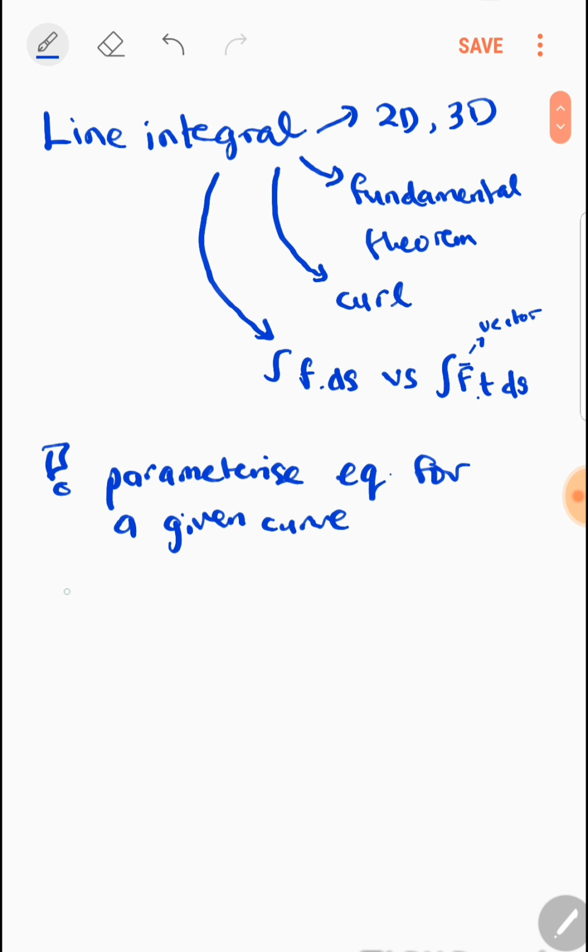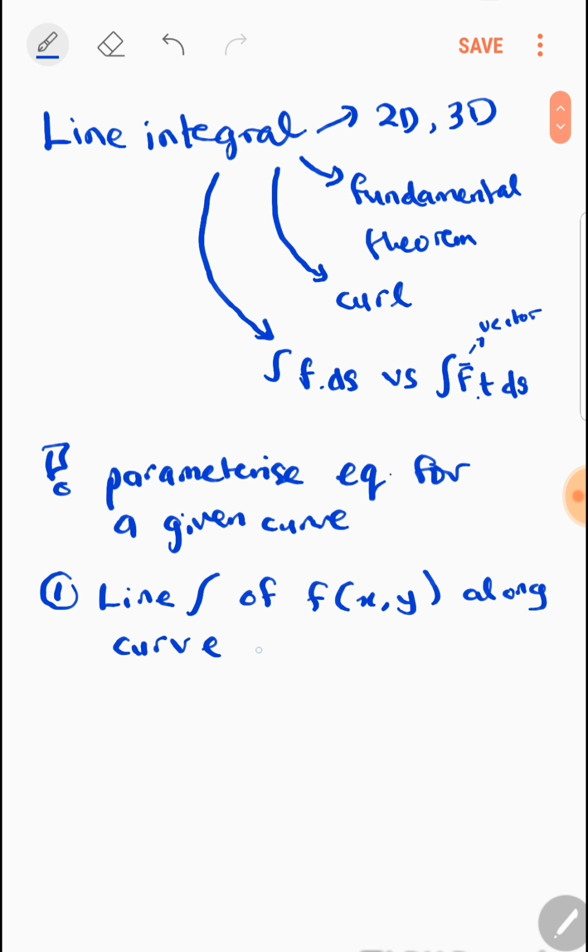So let's start with the formula first. If we are supposed to find a line integral of a function, let's say the function is given by x and y as its variables along curve C, let's say this is a function of x y.